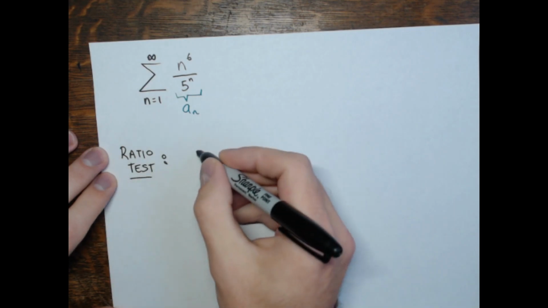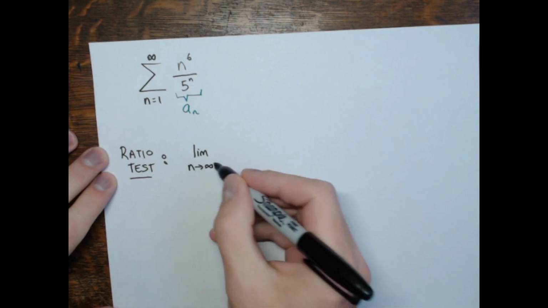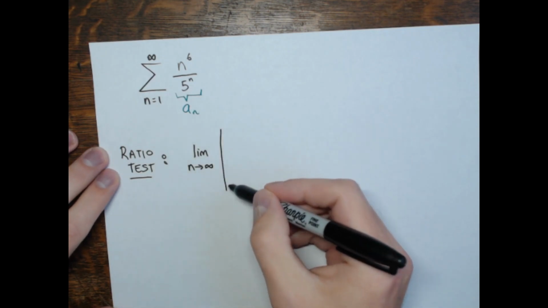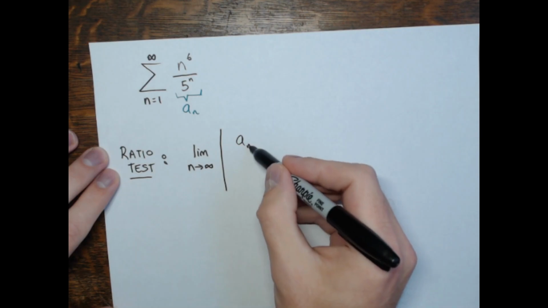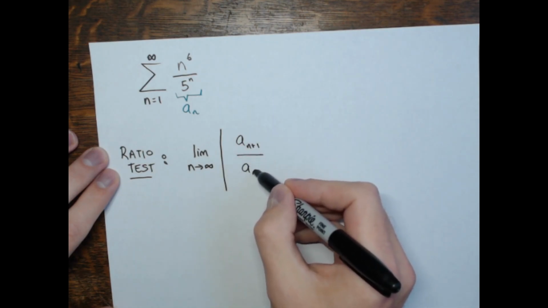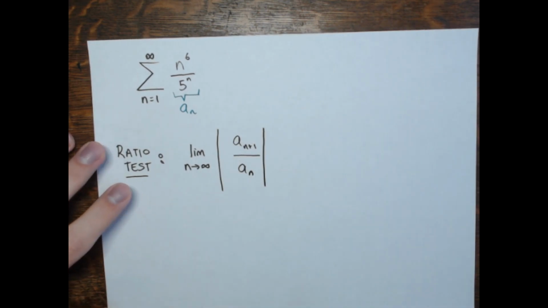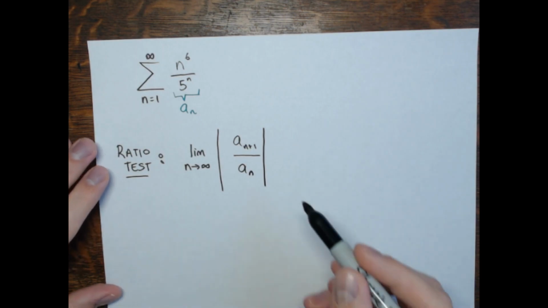So I'll write out once again the limit that you're taking here. The limit as n approaches infinity of the absolute value of the n plus first term divided by the previous term. Every term divided by its previous one. N plus first term divided by the nth term.